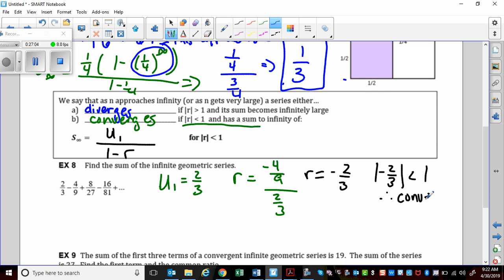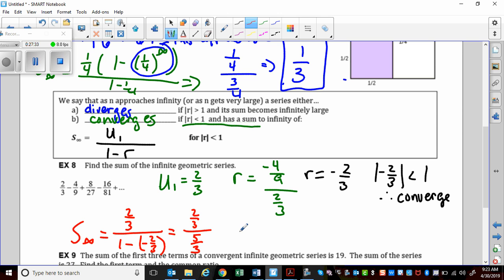And we can use our formula. My S sub infinity equals my initial, which is 2/3, over 1 minus r. So 1 minus -2/3: this is 3/3 plus 2/3, so this would be divided by 5/3.